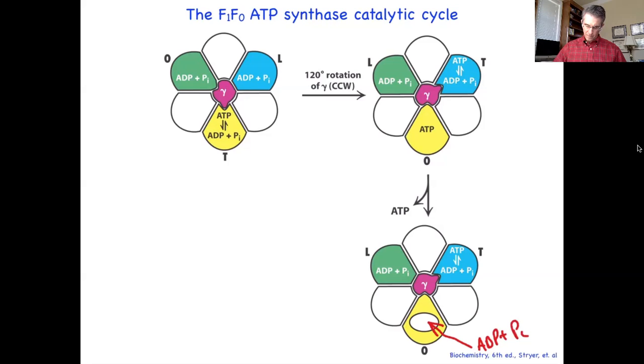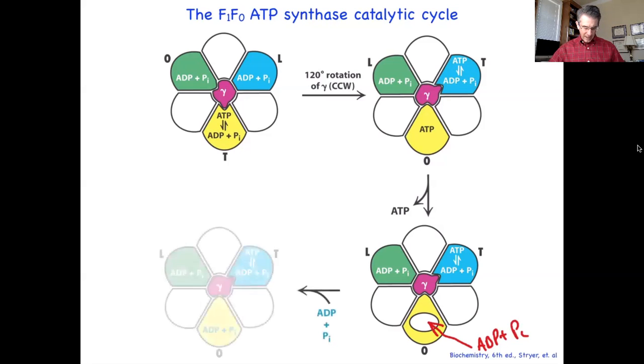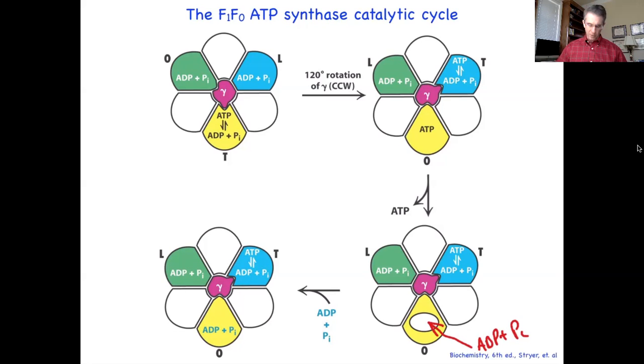Once that reloads, we're basically ready to go again. As a result of another round of movement, the subunit will swing on over here, which will then close this one. This will go to the L conformation, this will go to the O conformation, and this one will be in the T conformation.